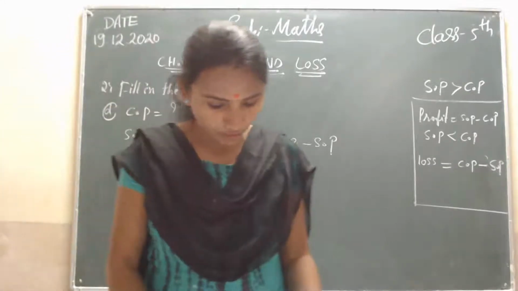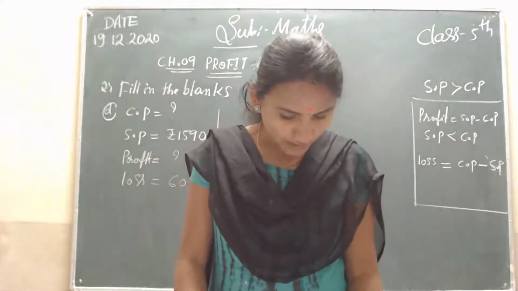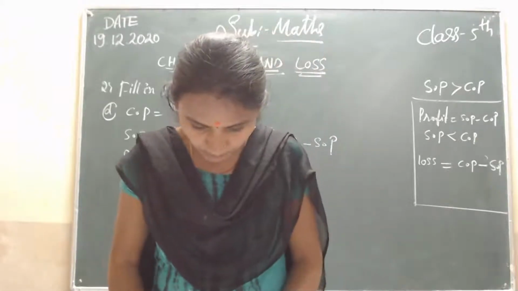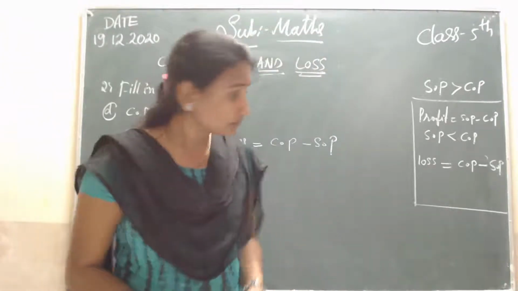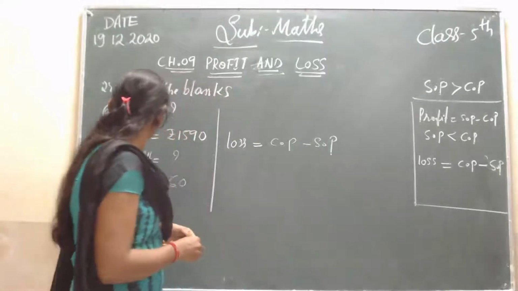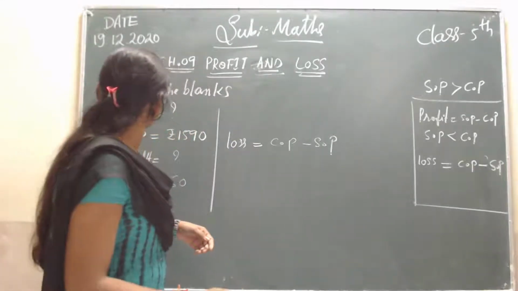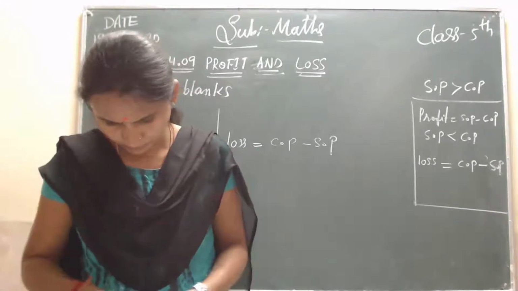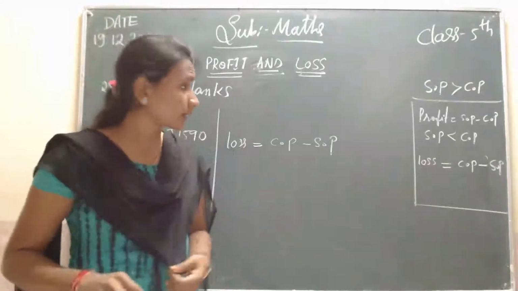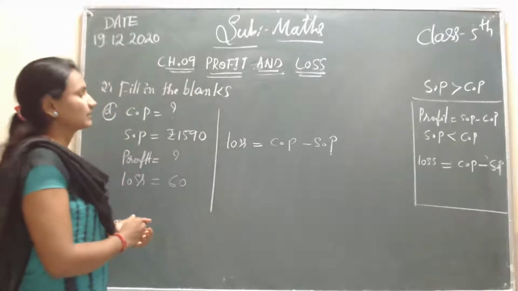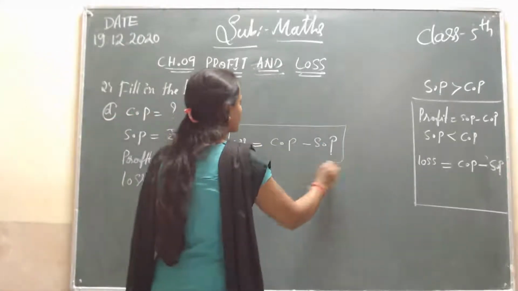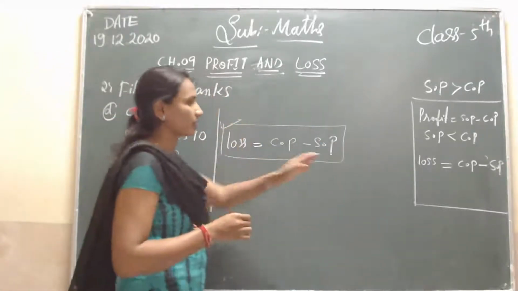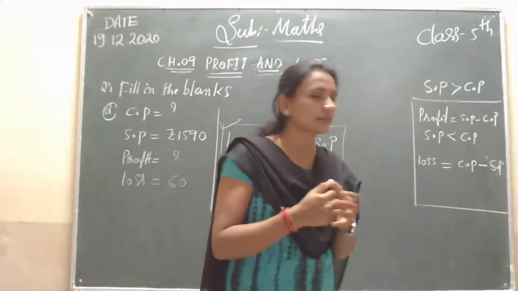First, we have to change the formula for the D question in the second main. So this is the formula: loss is equal to CP minus SP.